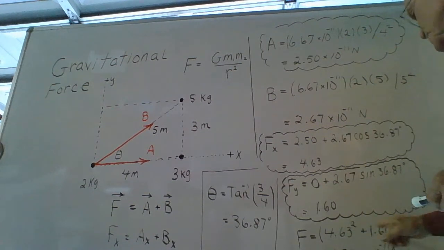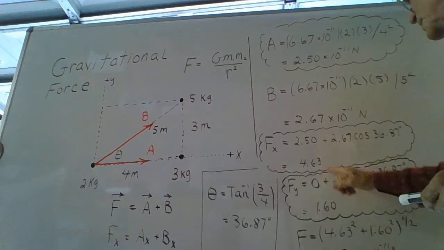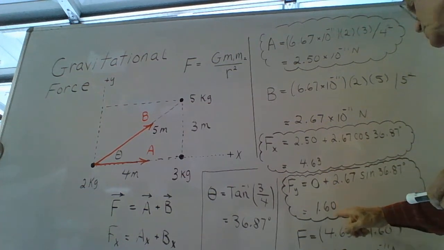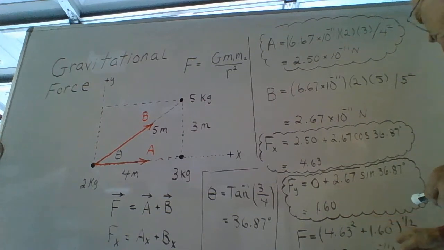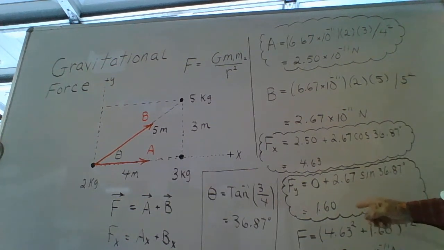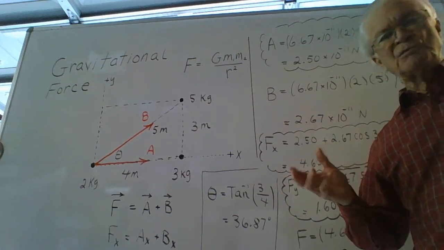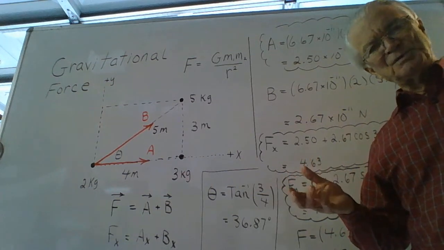Square root of the sum of the squares of the components. F sub x component, F sub y component, square each one, add them, take the square root of that sum. The final result is 4.90, but don't forget we need to restore the factor of 10 to the negative 11 that we removed to make our writing smoother, simpler and shorter.